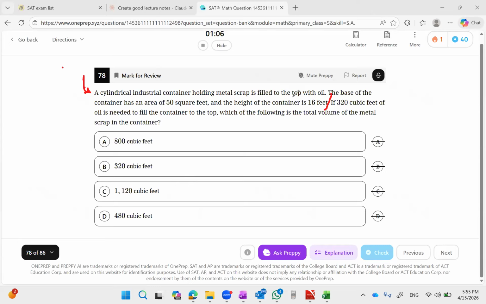Again, the area of the base is 50. So if I wanted to find the volume of this cylinder, it's area of base multiplied by height, right? Which is 800, right?